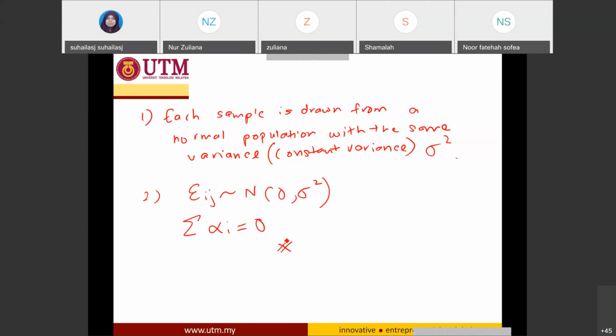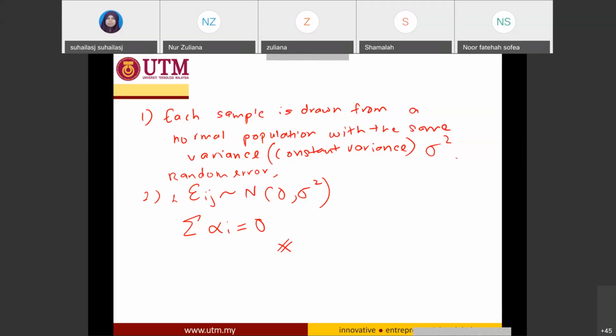So that is the assumption of the ANOVA model. Each sample is drawn from a normal population with the same variance, sigma square. Your random error, e_ij, is normally distributed with mean 0 and variance sigma square, with the restriction summation alpha I must equal 0.